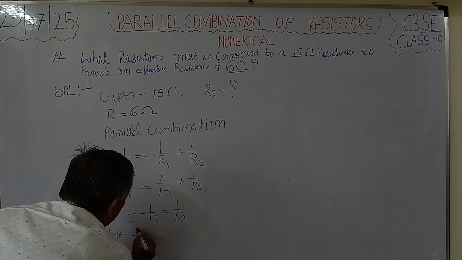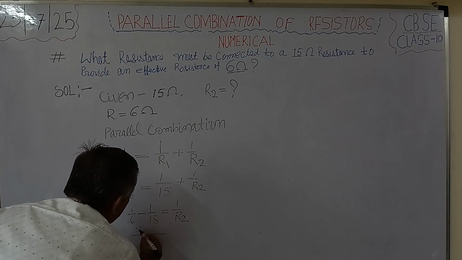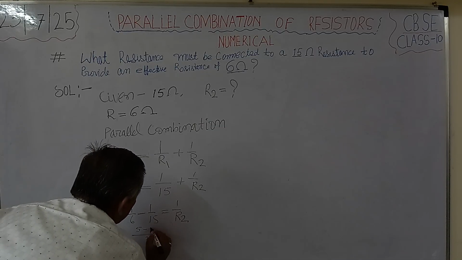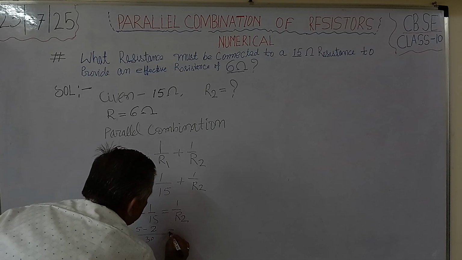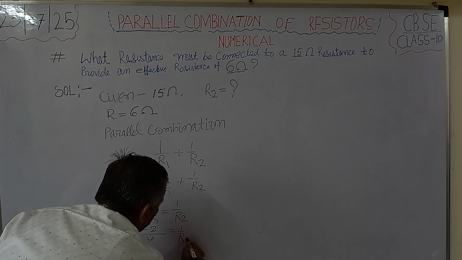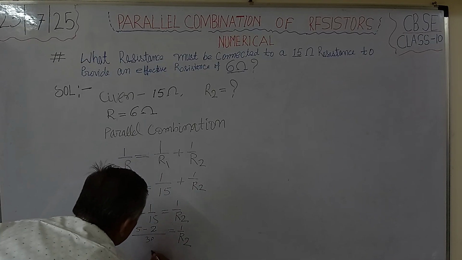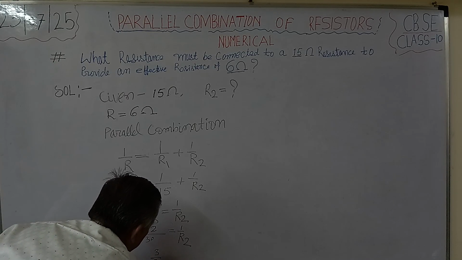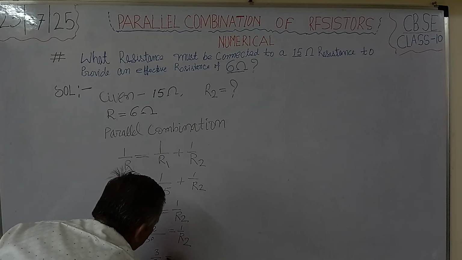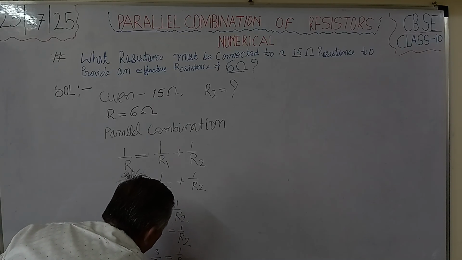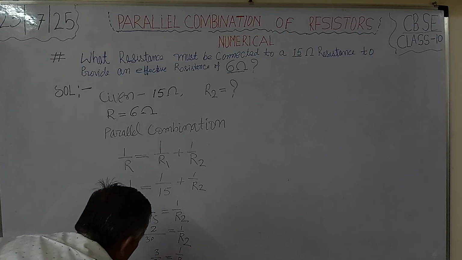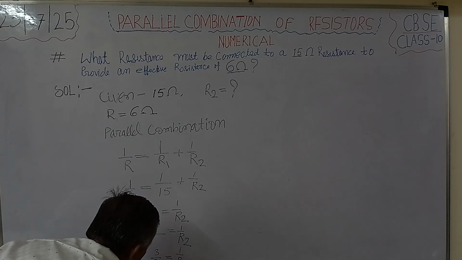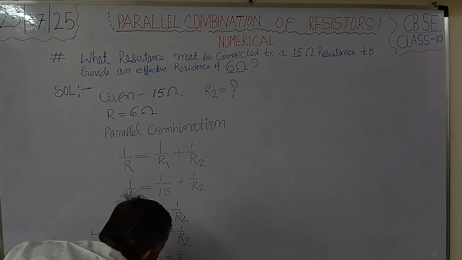So here I will write 5 minus 2, and this will become 1 by R2. That is 3 by 30 equals 1 by R2, so this is 1 by 10 equals 1 by R2.